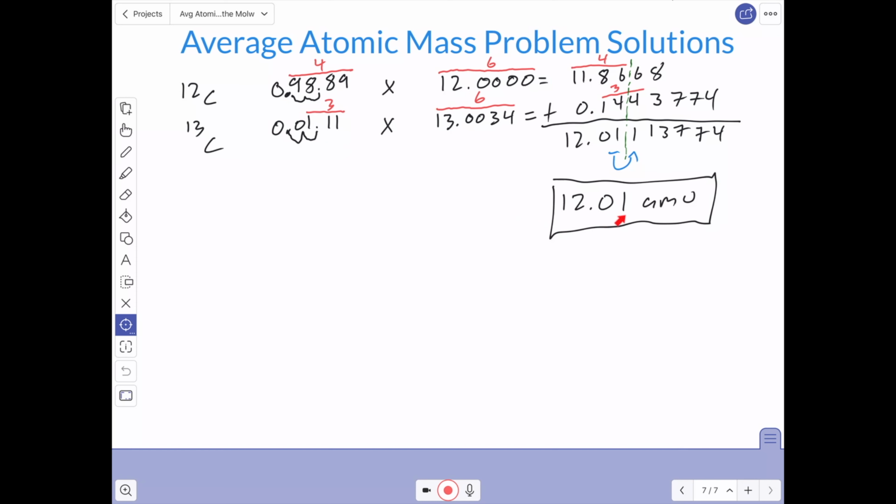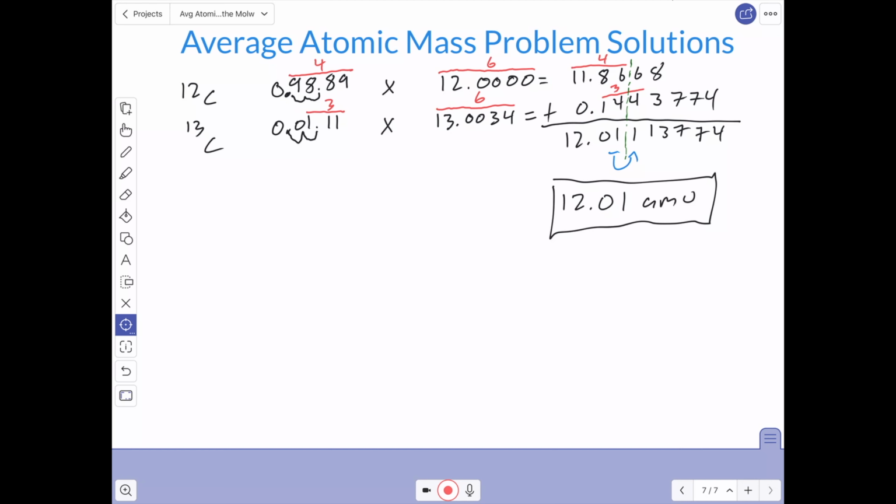So their sig figs are more. I think it's 12.0114 maybe on your periodic table. So sig figs will be a little different, but you know your answer is right if it matches the first couple of sig figs, right? So there you go. That's how you do it.